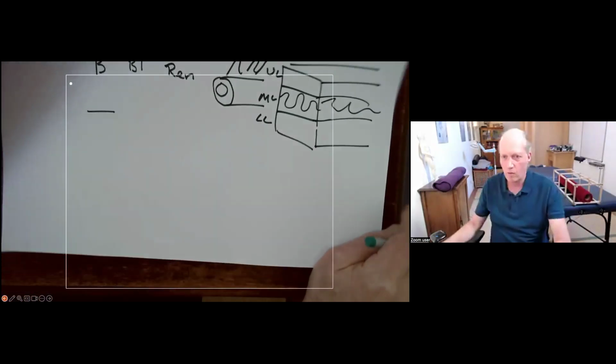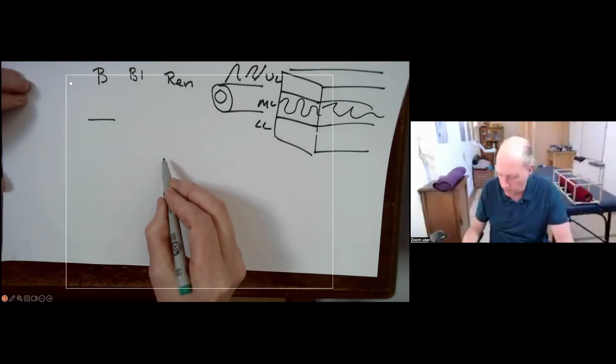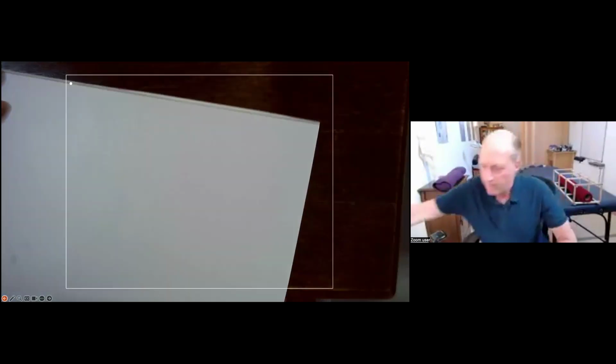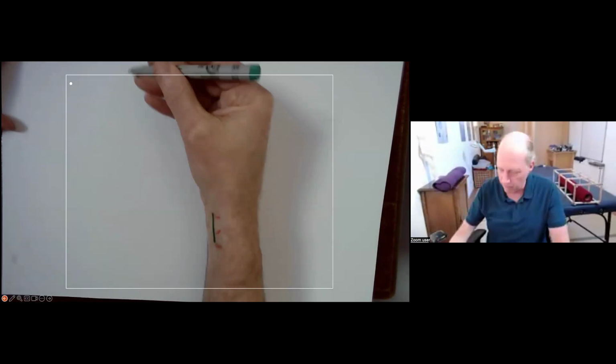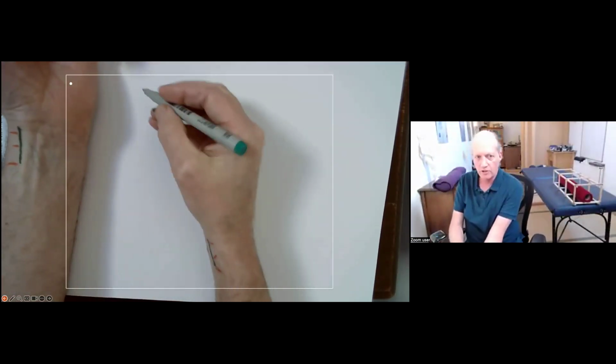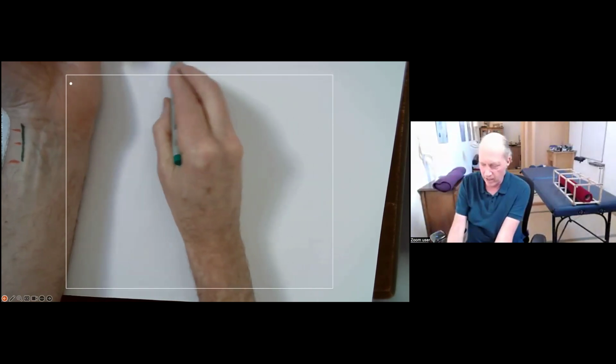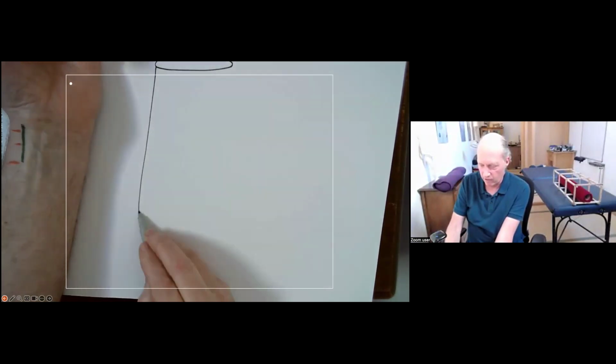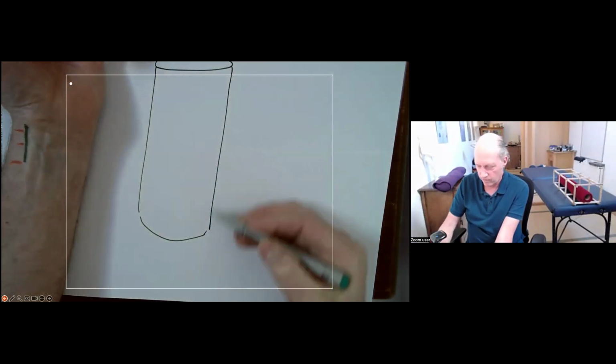When we are bringing our fingers down, let's say we're talking about the left artery, we can imagine that we are feeling something like this.